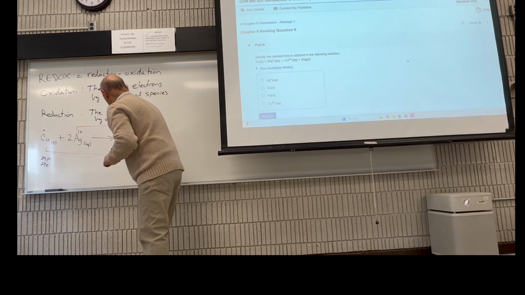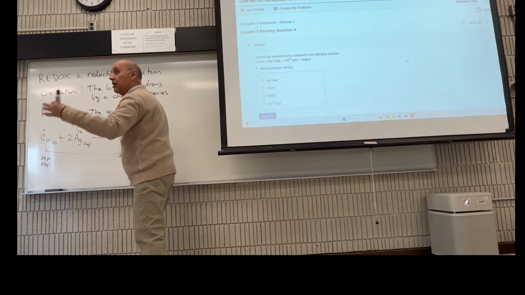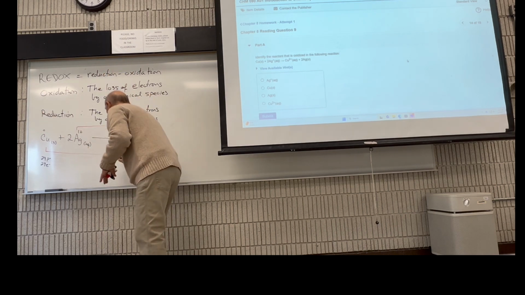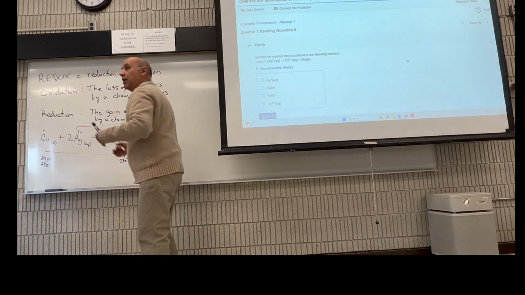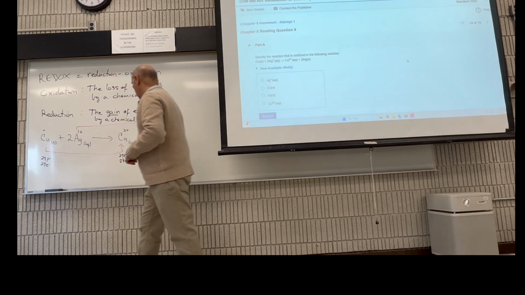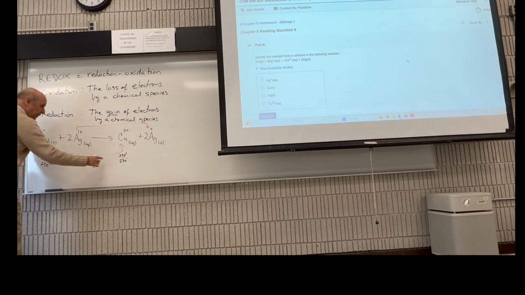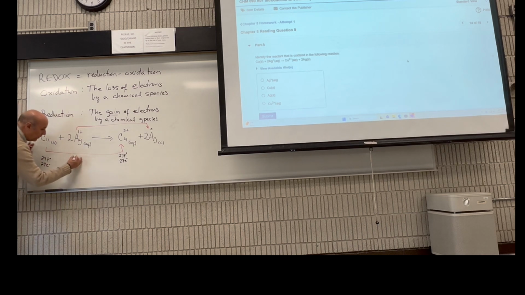But now it's more positive, meaning it has more protons than electrons. So it must have 27 electrons. 2 less electrons. So what happened to go from here to here? It looks like it's lost electrons, right? So loss of electrons. What is loss of electrons? So we're going to call this oxidation.